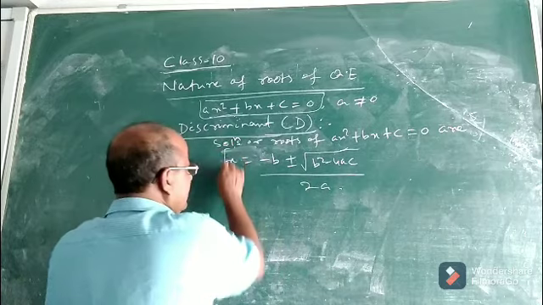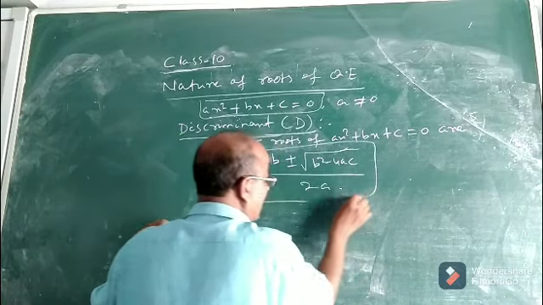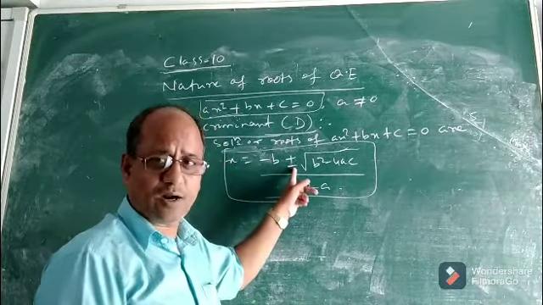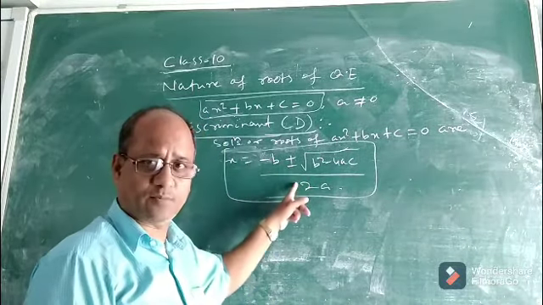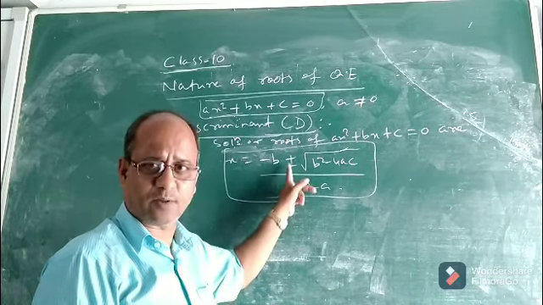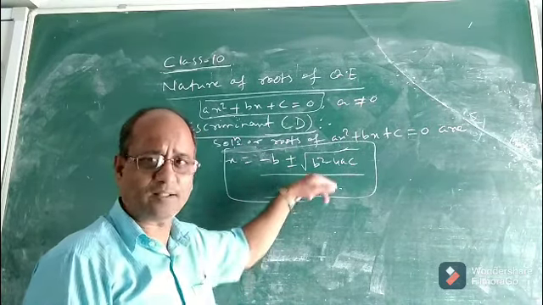This was the quadratic formula which we had discussed in the previous class. There also I had said that in this formula there are two values, one positive and the other negative, plus or minus. One will be alpha, the other will be beta.